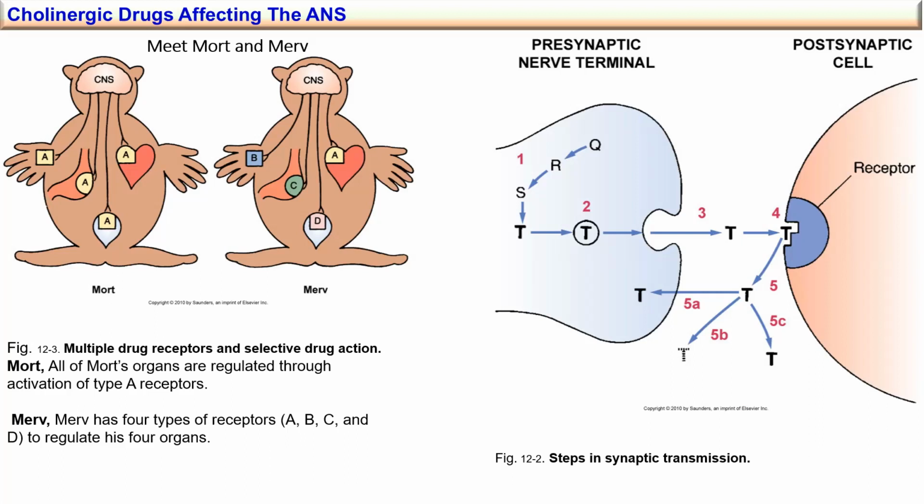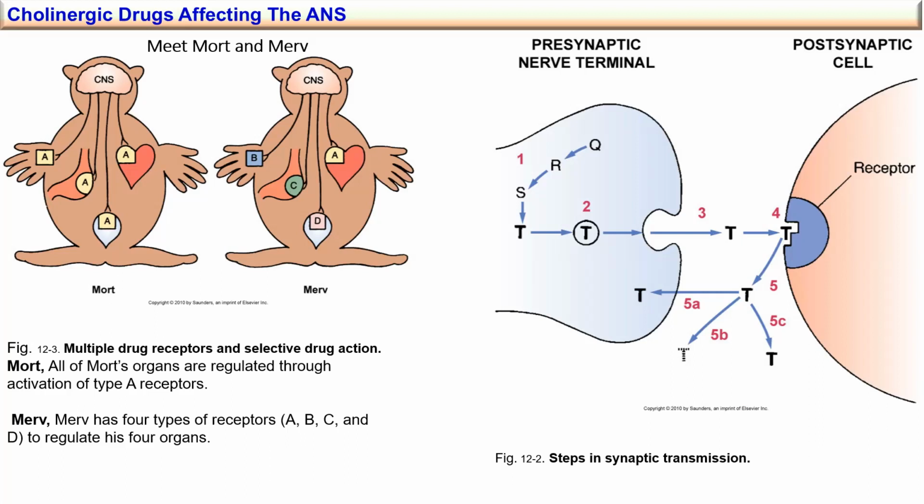On the right side of the slide, we have the steps in synaptic transmission. This applies to all different types of neurotransmitters, whether dopamine, norepinephrine, or any other; it's a foundation that can be applied to all of them. T denotes the neurotransmitter.